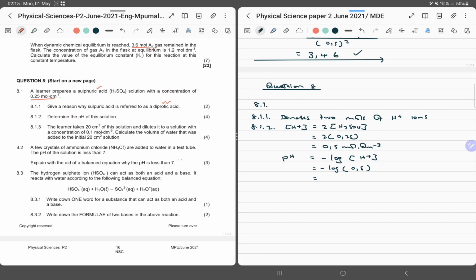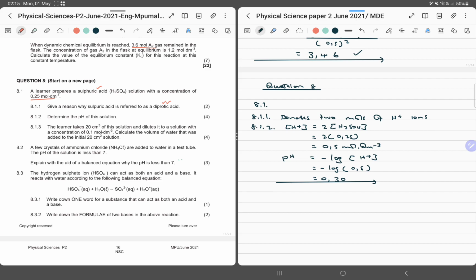That is basically 0.30. No, it doesn't have units. They said minimum 2 decimal places. Don't forget that.